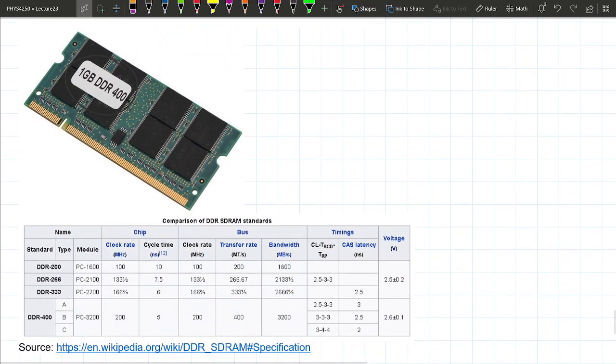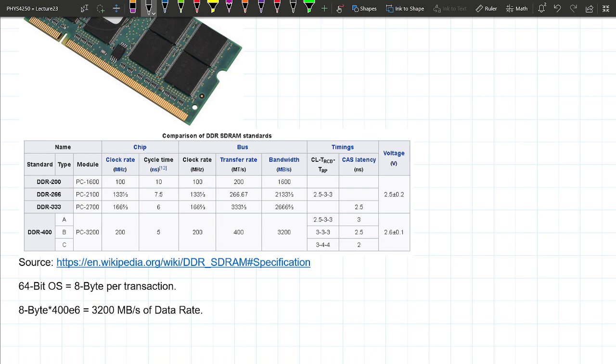In fact, there's a specification for these memories. So DDR, let's go to the latest generation. I'm not even sure this is from last year. DDR 400: the cycle time is 5 nanoseconds. That means it runs at a clock rate of 200 megahertz.